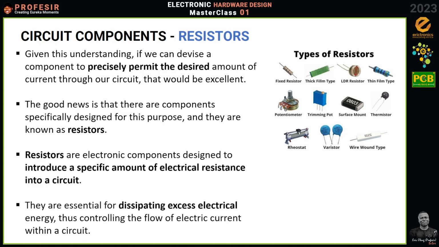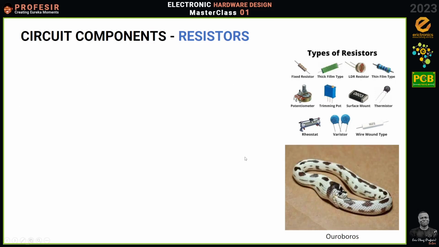Okay, so now the question is, how do we do that? Now, resistors come in various forms. All these things that you are seeing here are types of resistors that we have. Some are fixed, and some can vary their resistance by the technology that we use and the way they operate. We shall talk about these later, but right now let's focus on solving our problem.